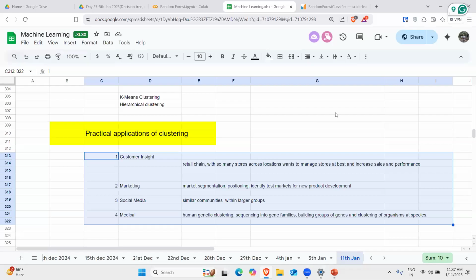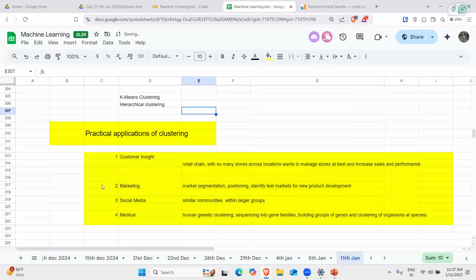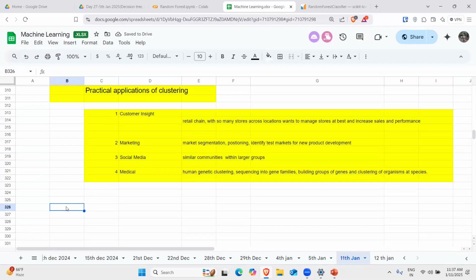So I'll tell you one scenario, a practical example. I'll just read it. Suppose you have an online retail store, just like Amazon or Walmart. Basically, Walmart is not online, but still we can consider that. Customer segmentation for targeted marketing is one of the most important applications of clustering algorithms.